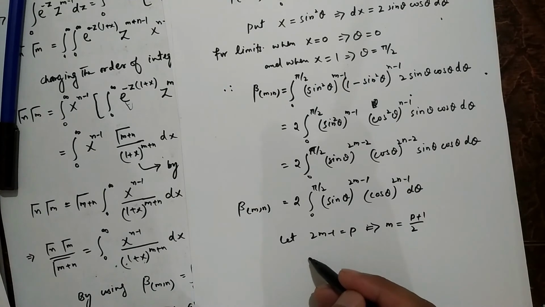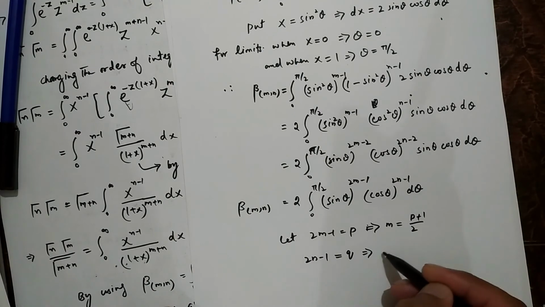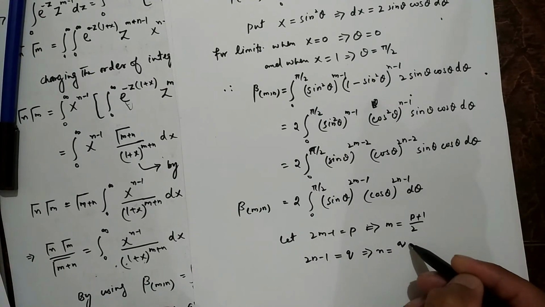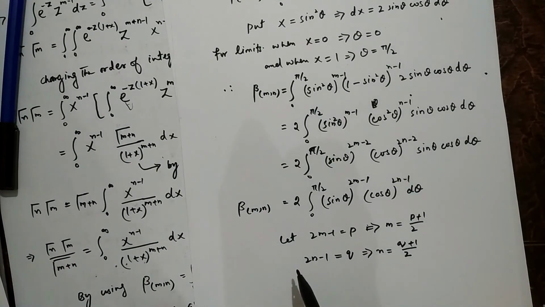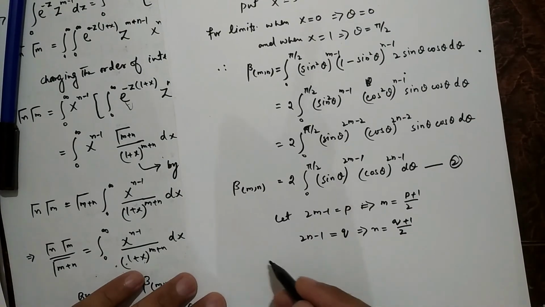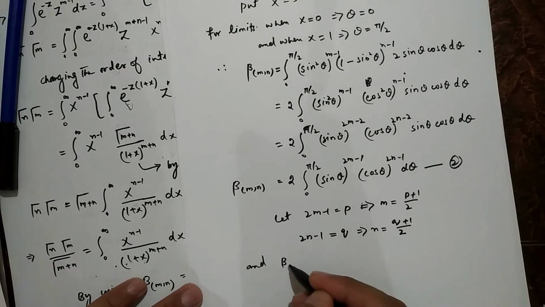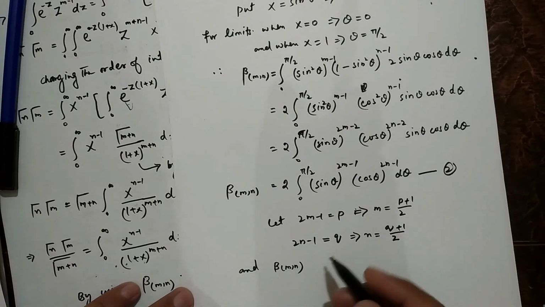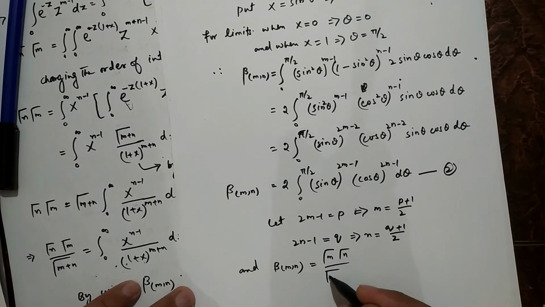And similarly 2n minus 1, let's call it q, then n will be equal to q plus 1 upon 2. Let's call this equation second, and by the relation of beta and gamma function, we had beta mn is equal to gamma m gamma n upon gamma m plus n.